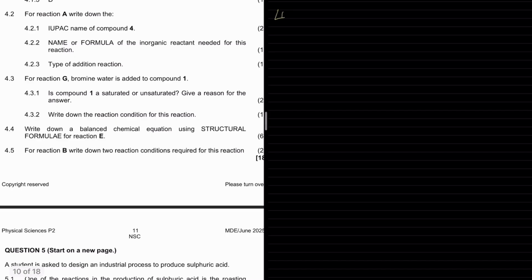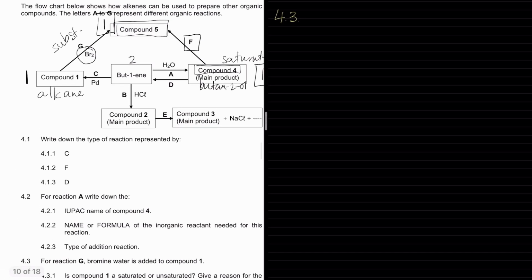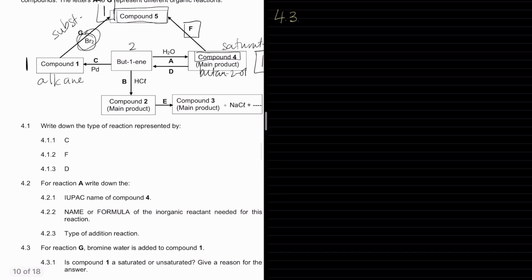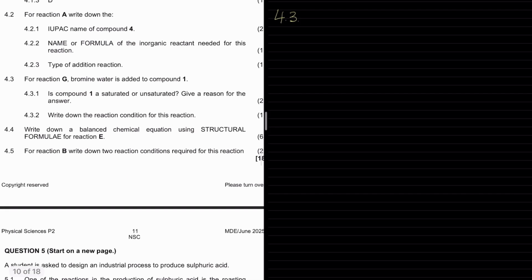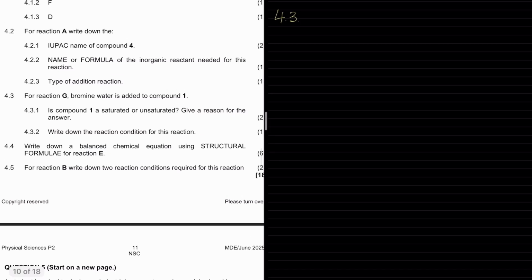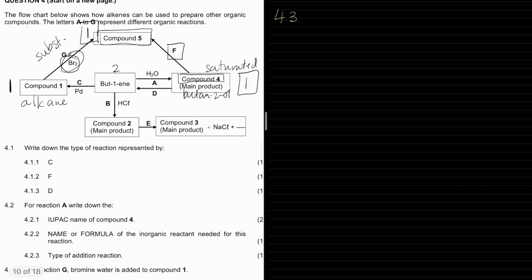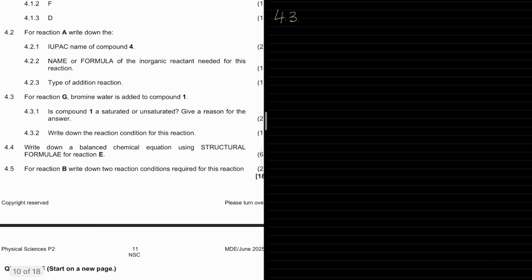Question 4.3. For reaction G, bromine water, here we go, is added to compound 1. So there we go, you are adding bromine water. Is compound 1 saturated or unsaturated? Give a reason. So compound 1, we said it's an alkane. So 4.3.1, it is saturated. And why is it saturated?